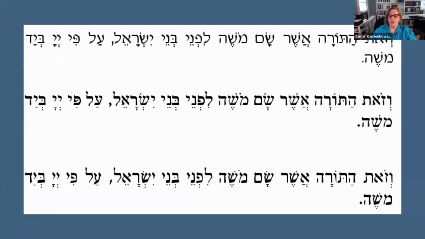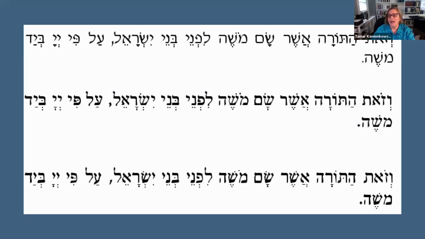And often you will see people, if they're wearing a talit, hold up the fringes of the talit or hold up a prayer book. And you may know this as Vezot HaTorah Asher Sam Moshe Lifnei Bnei Yisrael Al pi Adonai Beyad Moshe, and then it goes into Eitz Chaim He.